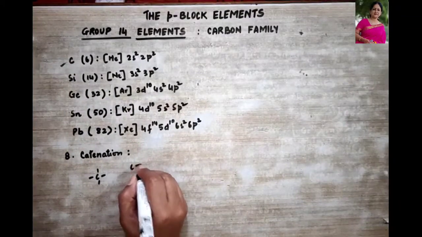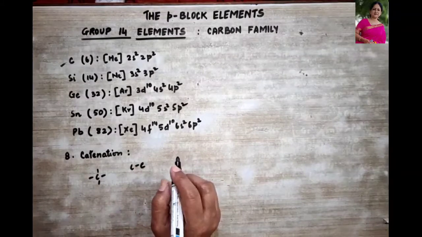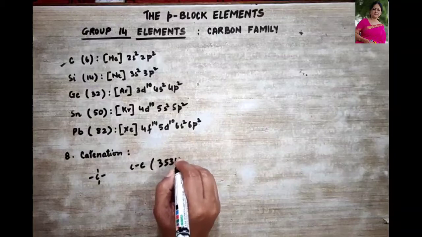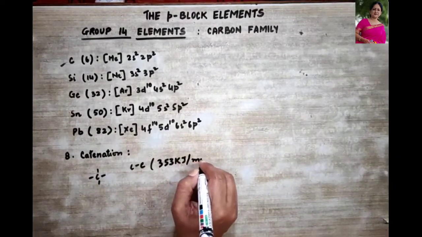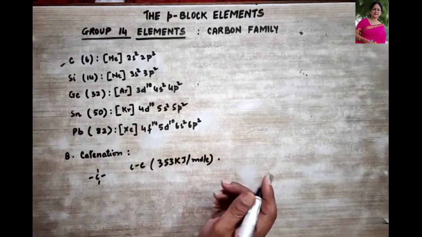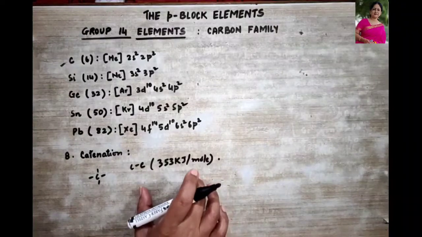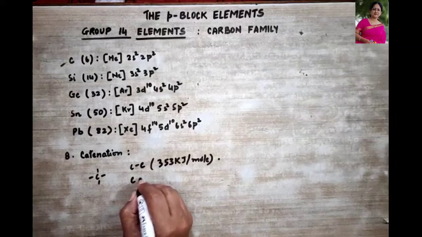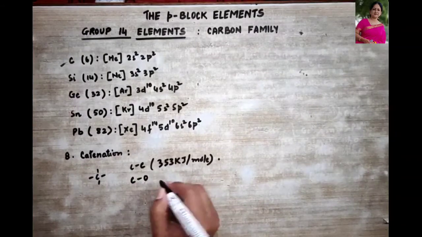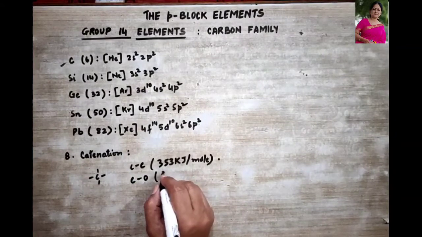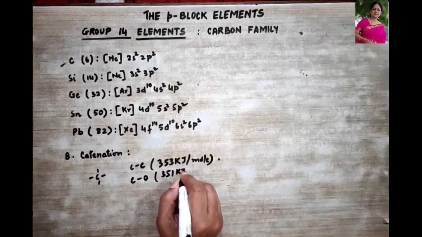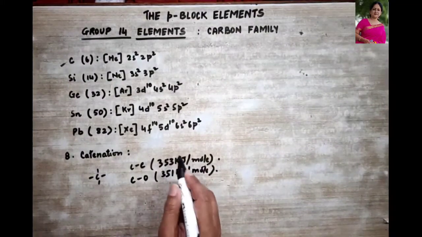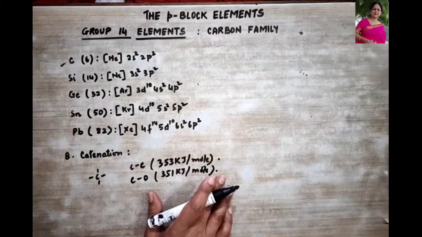And over here, the carbon-carbon bond energy is around 353 kilojoules per mole, right? And this bond energy is somewhat of the same order as that between carbon and oxygen, which is say 351 kilojoules per mole. So you can see there is not much energy difference over here.